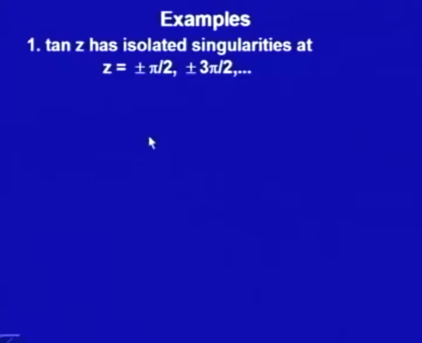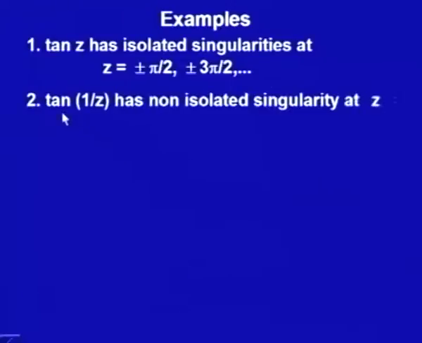Let us take one more example, tan(1/z). Now, this has a non-isolated singularity at z equal to 0. That means that at z equal to 0 it is singular, and in that neighborhood also we find other singular points, since tan z has singularities at (2n plus 1) pi by 2.